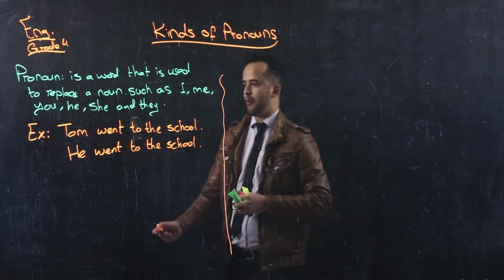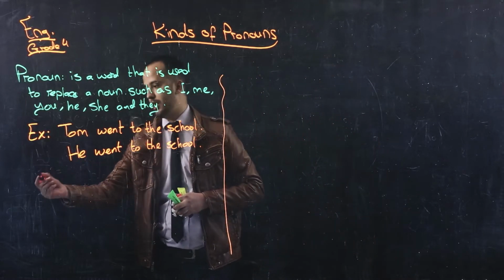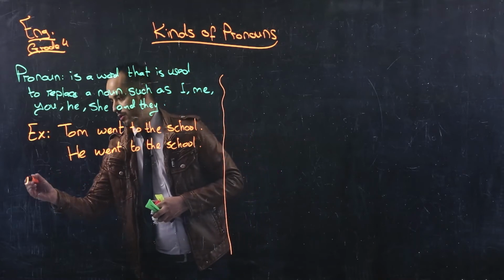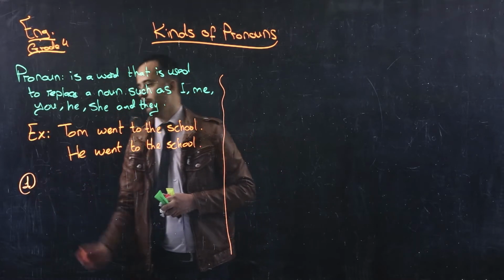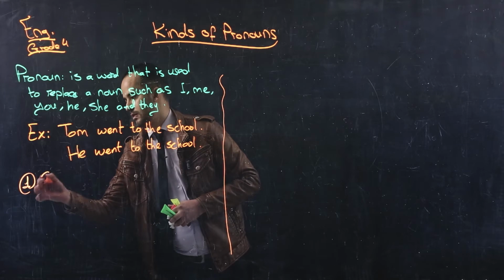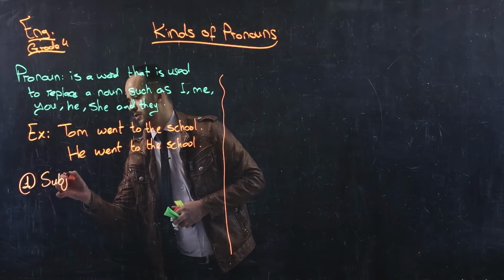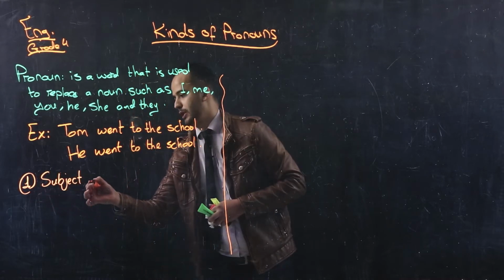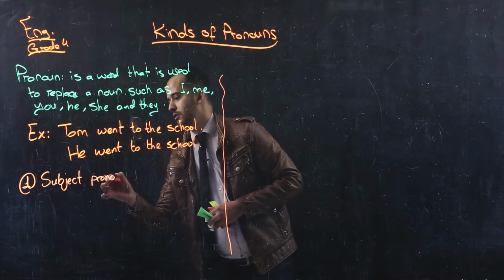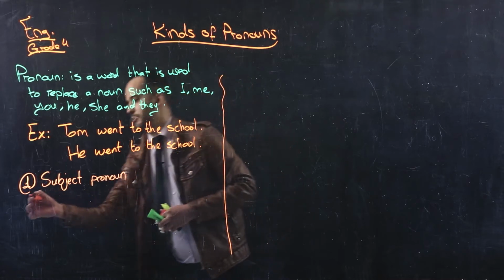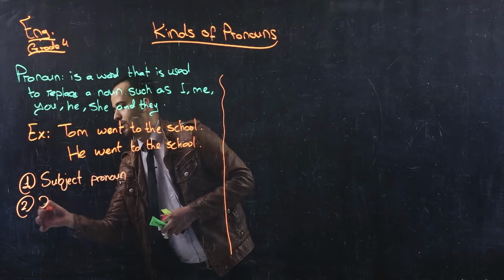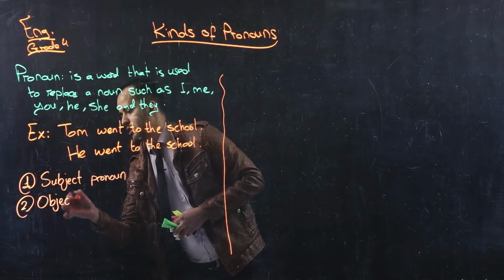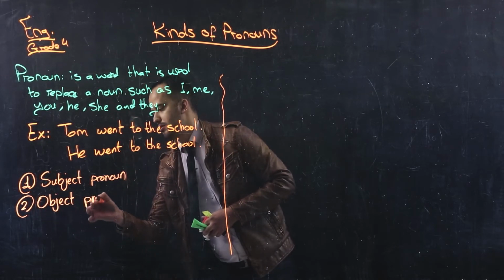All right, so how many kinds or types of pronouns are there? There are 4 types of pronouns. Number 1 is called subject pronoun. Number 2 is called object pronoun.